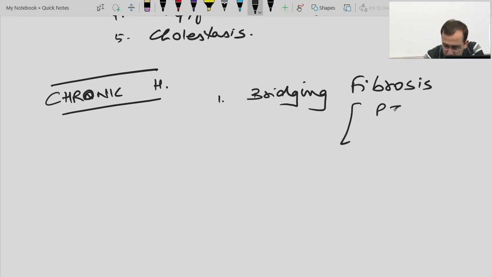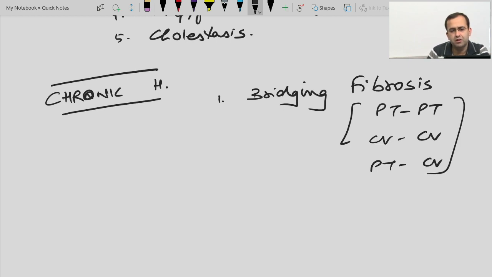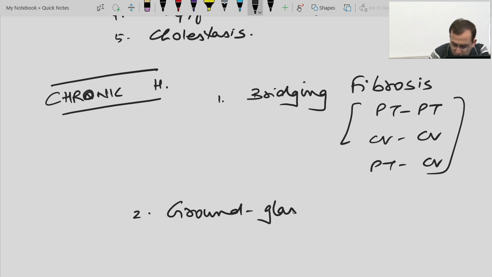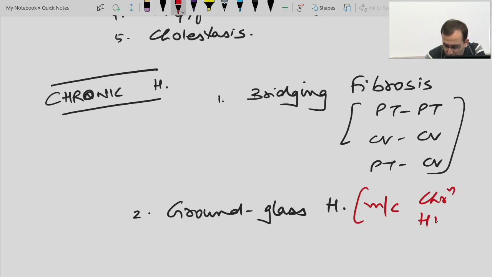So bridging fibrosis means portal tract to portal tract, central vein to central vein, or portal tract to central vein. Next, it is also associated with the presence of ground glass hepatocytes. Extremely important. Ground glass hepatocytes, most commonly seen in chronic hepatitis B virus infection. This has been asked repeatedly.